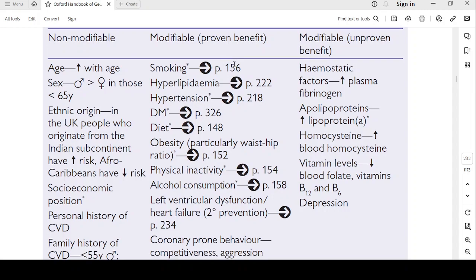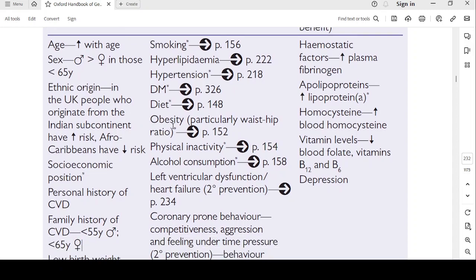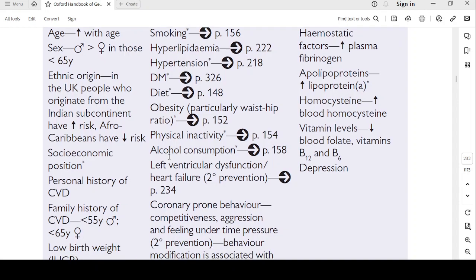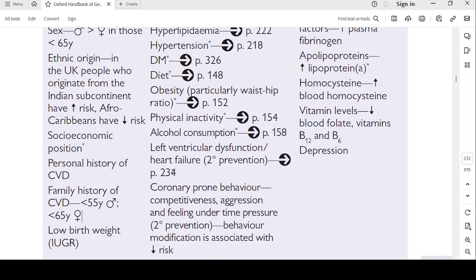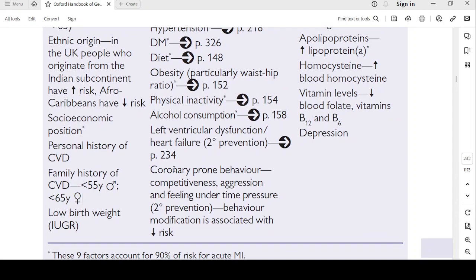Modifiable with proven benefit. So modifiable factors, if you modify them, there's a proven benefit towards decreasing the risk of heart disease, like smoking, hyperlipidemia, hypertension, diabetes, diet, obesity, particularly waist hip ratio, physical inactivity, alcohol consumption, left ventricular dysfunction, heart failure, secondary prevention for heart failure, coronary prone behavior, competitiveness, aggression, and feeling under time pressure.